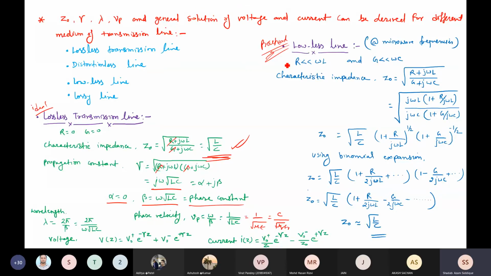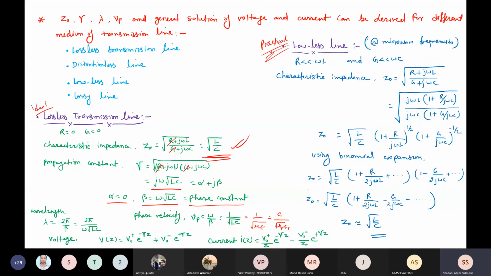This is not completely practical, but practically we can reduce the resistance and the conductance, although some will still be there. So R should be much less than omega L, and G should be much less than omega C. At microwave frequencies omega is in hundreds of megahertz or gigahertz, so if you multiply it with L, that will be greater.